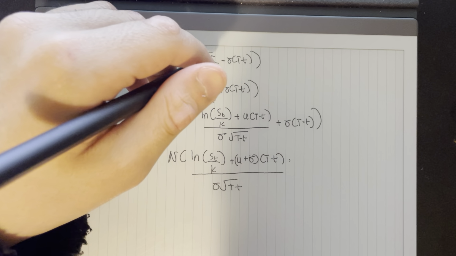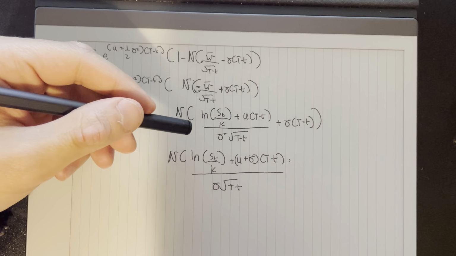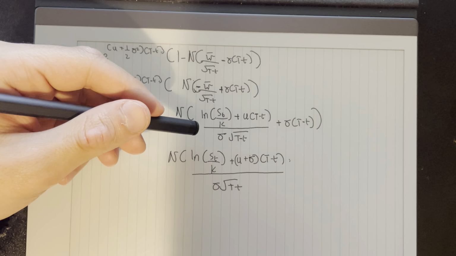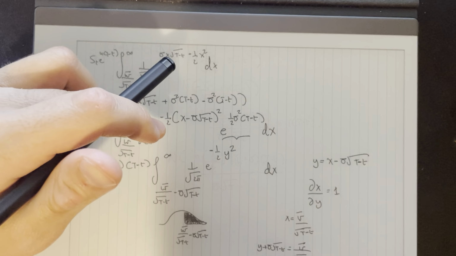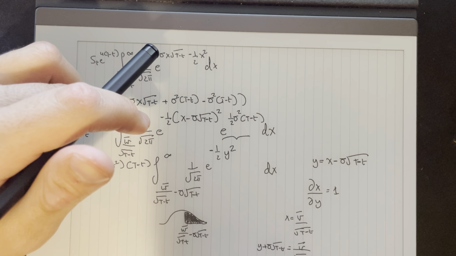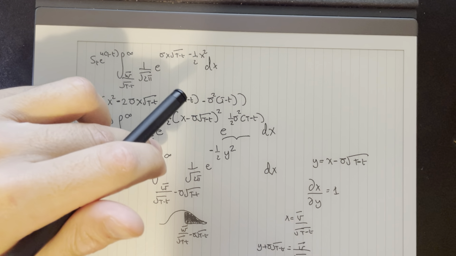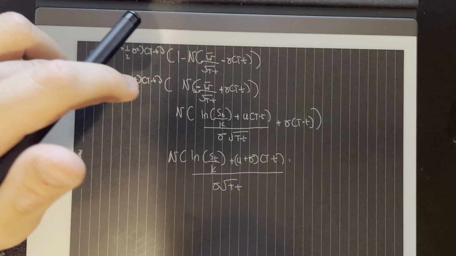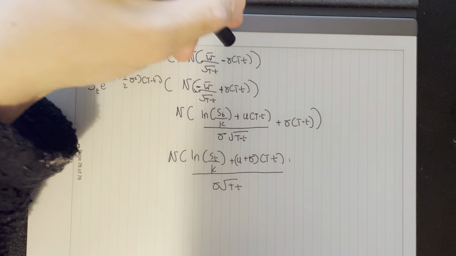And this is W, and this is divided by the square root of T, and this is sigma. Okay.